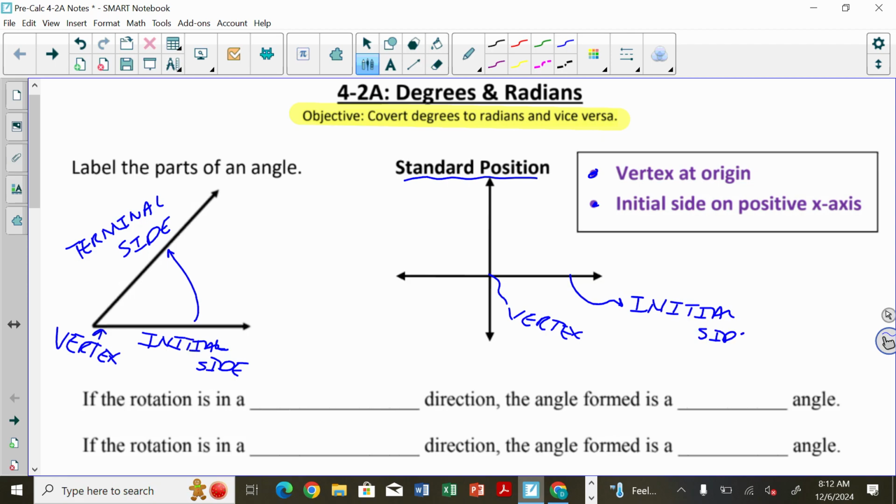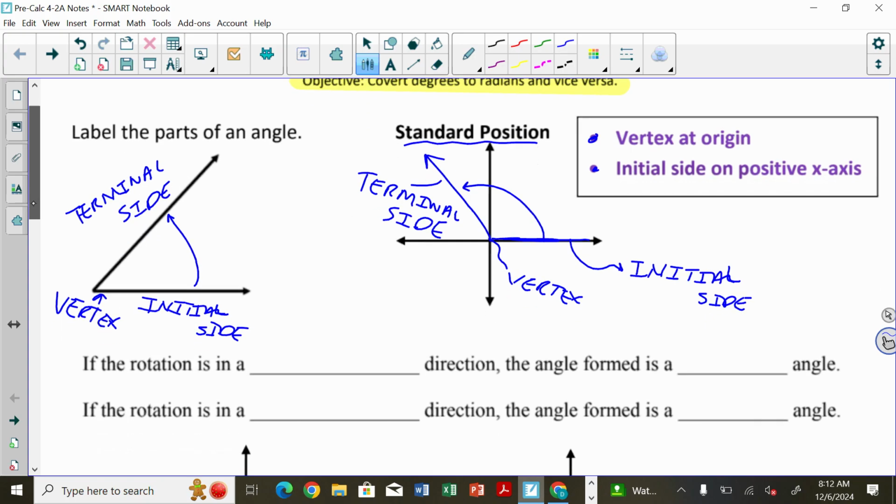If we think about a rotation going in this direction, across the y-axis to give us an obtuse angle, this part here would be our terminal side. Those are the parts of the angle, whether it's a regular angle or in standard position on a coordinate system.